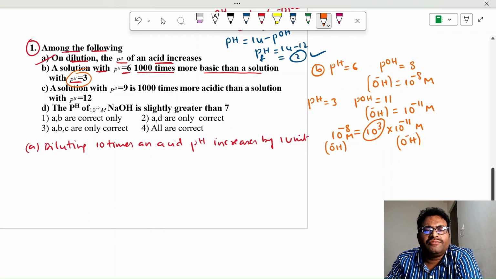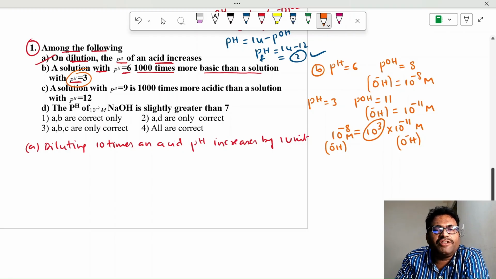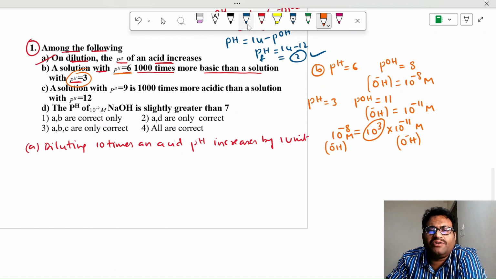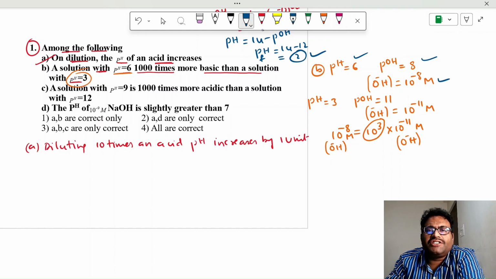So that is what he has asked. pH equal to 6 represents that pOH is equal to 8, and OH minus ion concentration is 10 power minus 8 molar. So 10 power minus 8 molar is how many times 10 power minus 11 molar? It is 10 power 3 times, 1000 times.